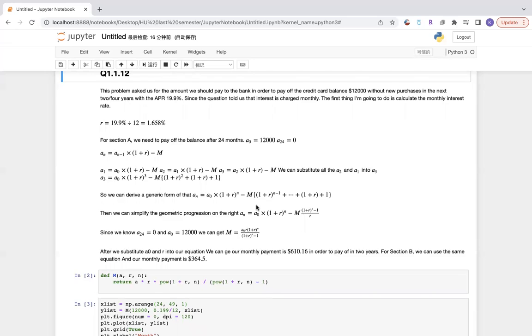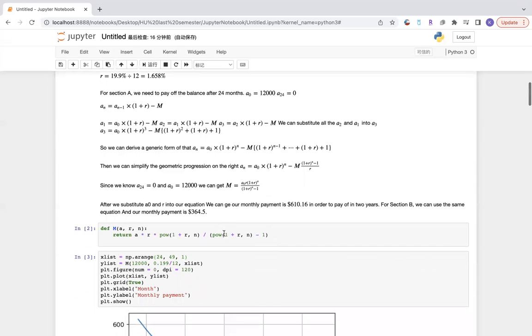this equation. As we know, A24 is the last amount. Since we need to pay off the total amount in 24 months, A24 should equal 0, and A0 is the initial amount, and then we can get the equation which calculates the monthly payment.